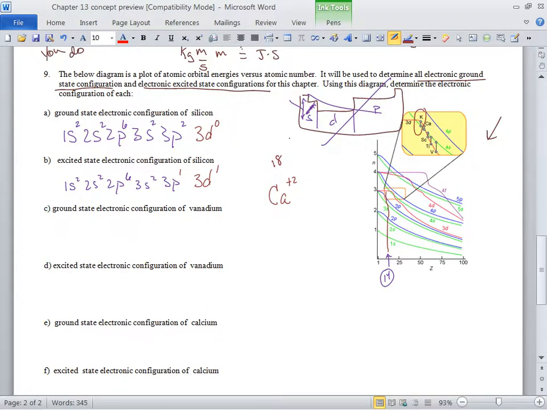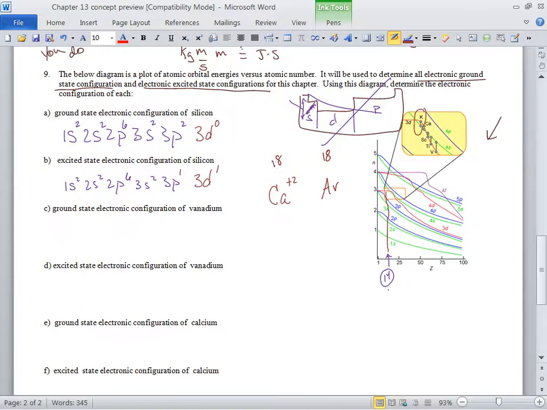Well, what has 18 electrons? Argon or neon? What noble gas? Argon does. Argon has 18 electrons. Those two elements are isoelectronic. They have the same electronic configuration. Two things that have the same electron configuration, they're isoelectronic. So that's really the word.